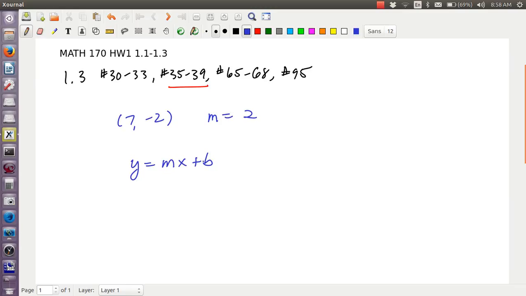If you do it by a different method, that's totally fine. I don't care as long as you get the final answer in one of the correct forms. So that's m, this is x, this is y. Dump everything in and find b. Alright, so y is equal to mx plus b.